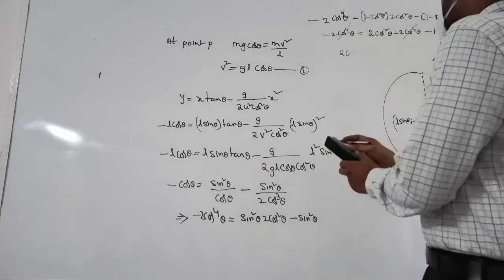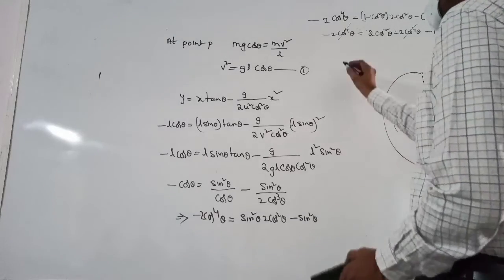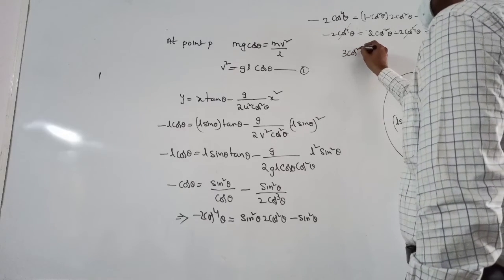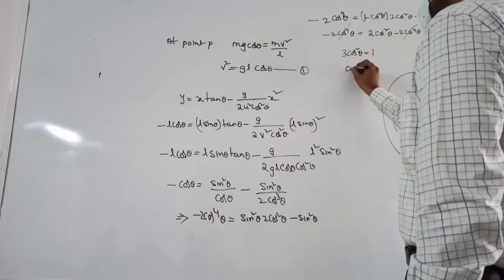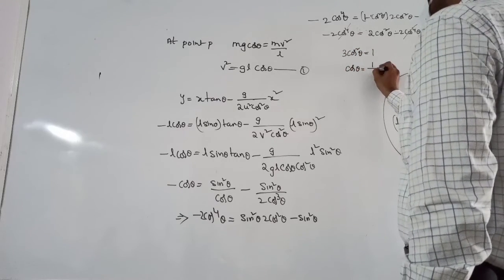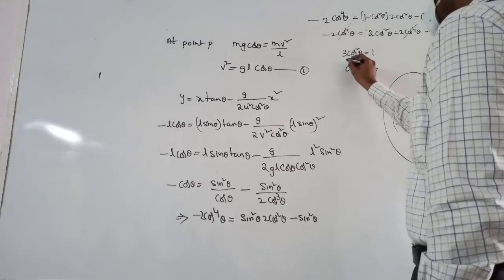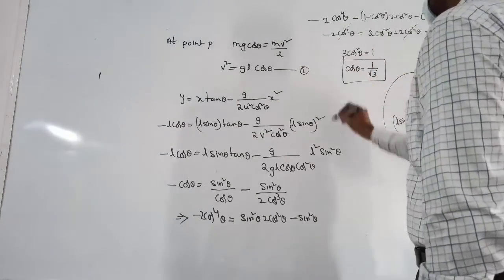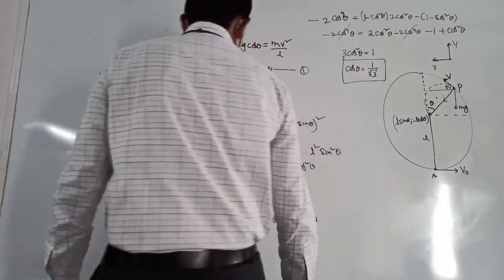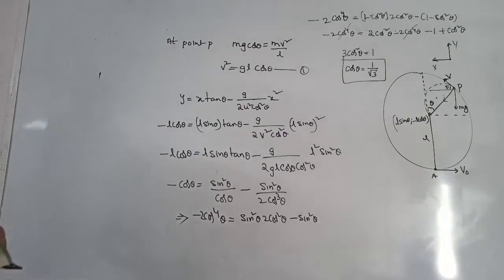Therefore cos theta is equal to 1 by root 3. Right? And then we got the cos theta value here.